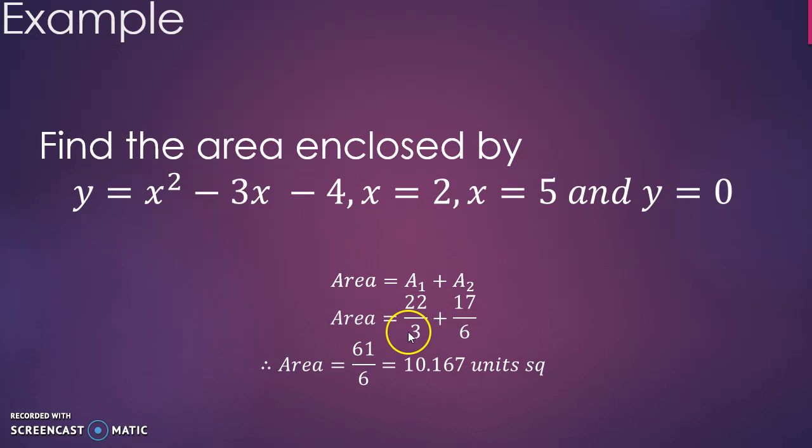We ignore that negative sign on the first one, we just think in terms of absolute values. So 22 divided by 3 plus 17 over 6 gives us 10.167 units squared. So we're using the definite integral to calculate the area under a curve between 2 points.